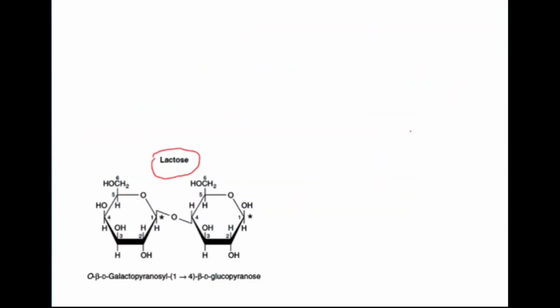Let's see the structure. Suppose there is a structure of beta D galactose. This is a beta structure, so the OH group should be on the top of the ring.